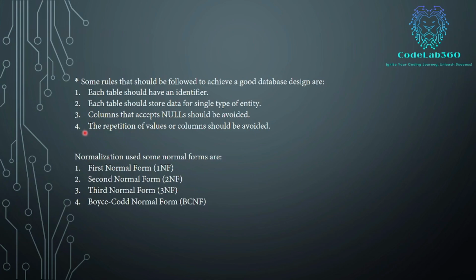Also, there are some forms: first normal form or 1NF, second normal form 2NF, third normal form 3NF, and fourth is Boyce-Codd normal form. These are also very important in normalization. We will discuss what the first normal form, second normal form, third, and Boyce-Codd normal form are in the next lesson.